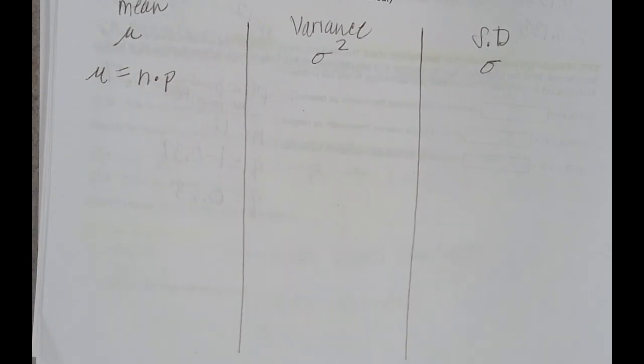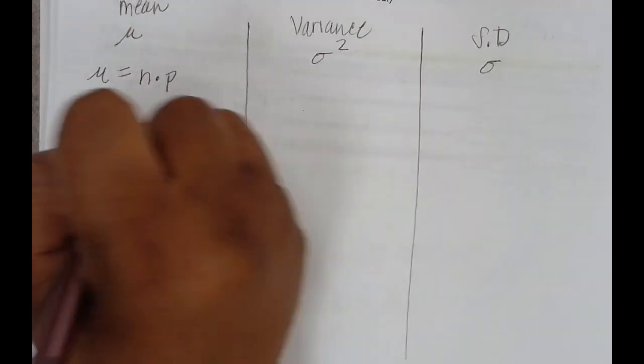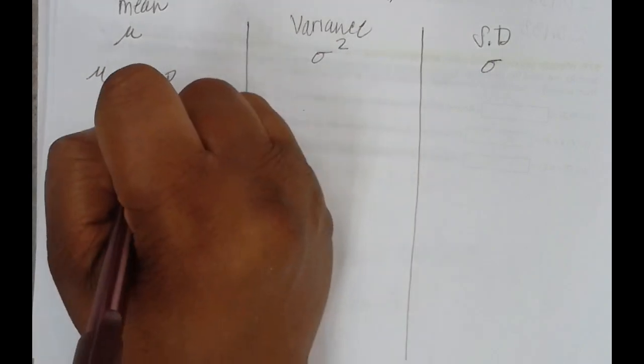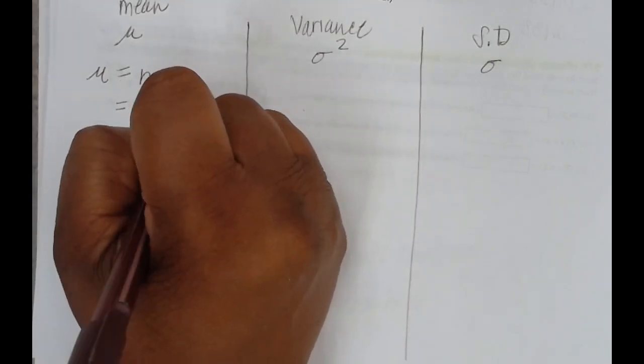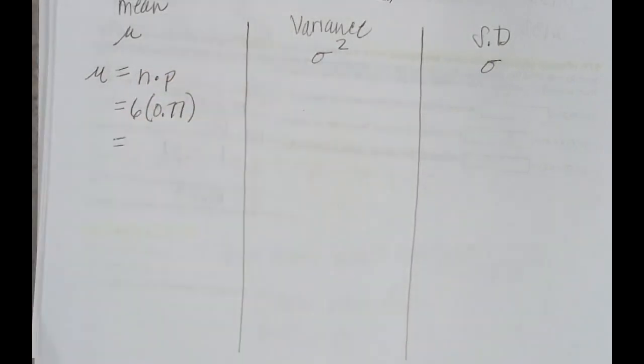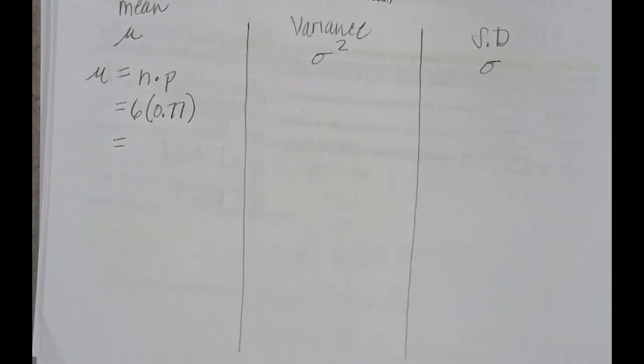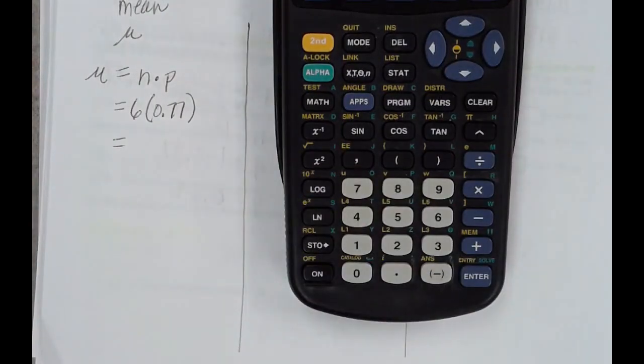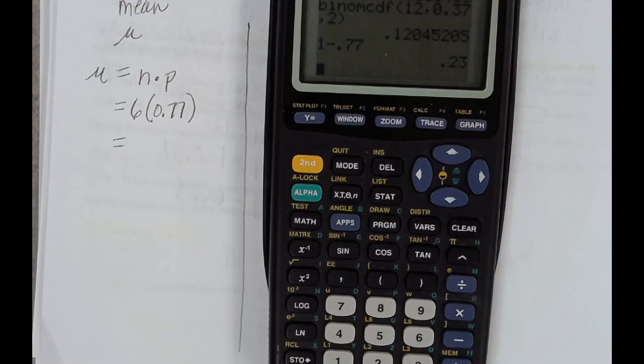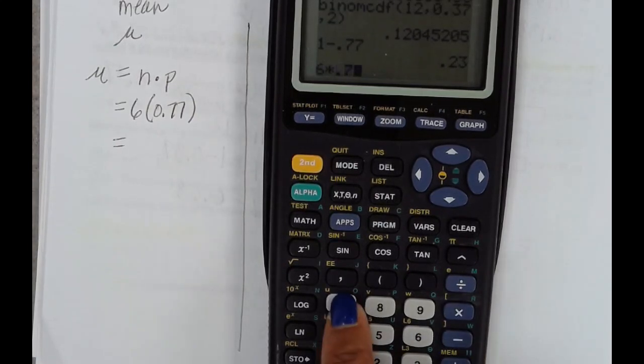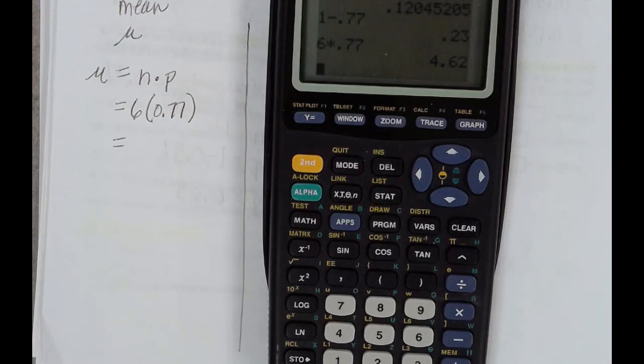In this case, 77% of the people believing that the political correctness is a problem. So we're multiplying 6 times 0.77 using a calculator. 6 times 0.77.